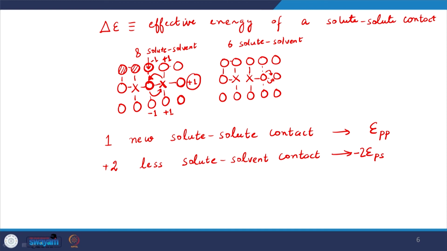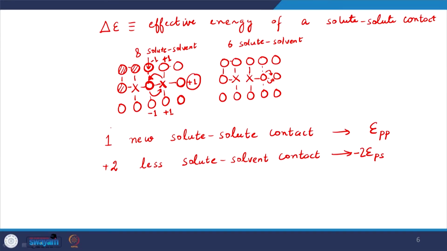Similarly, I can go over others. Basically, there is no effective change in this guy, this guy, this guy, and so on. So, we have 1 new solvent-solvent contact or pair. Okay, only 1 new pair has formed, and that will give me an energy of epsilon SS.